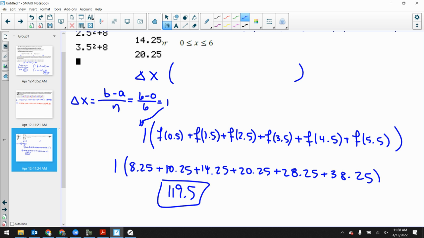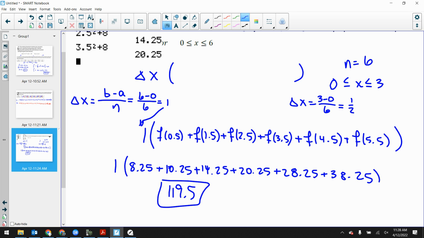So if it asks for midpoints and it's always going to start at 0, then it's going to be 0.5. Well, I wouldn't say 0.5. Think about it this way. If I went from 0 to 3, and I said n was 6 still, that means delta x is going to be 3 minus 0 over 6, so 1/2, right?